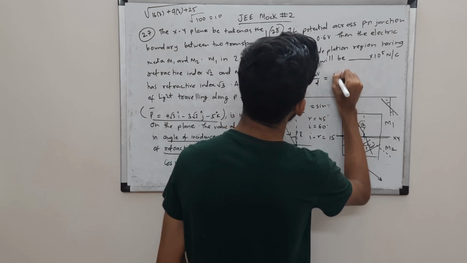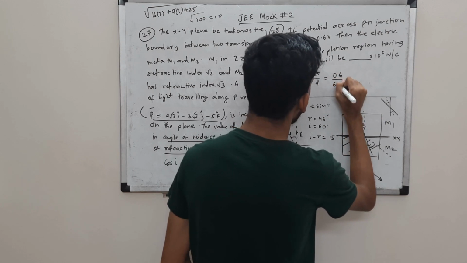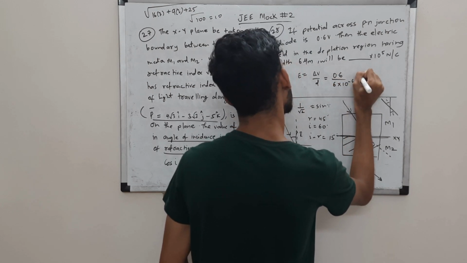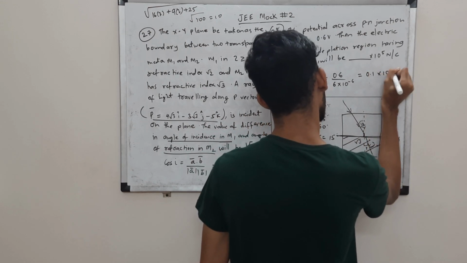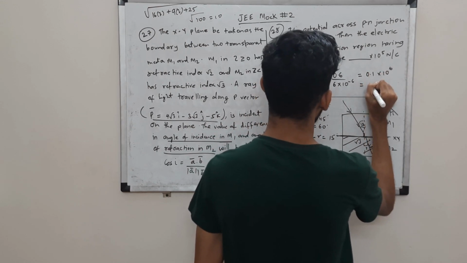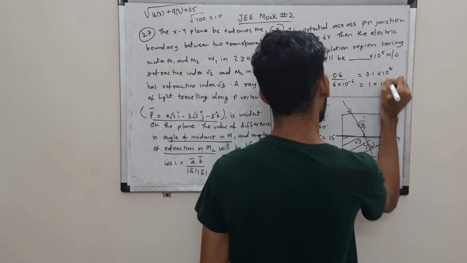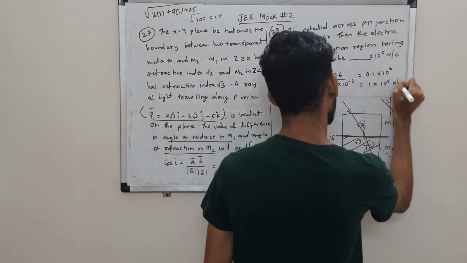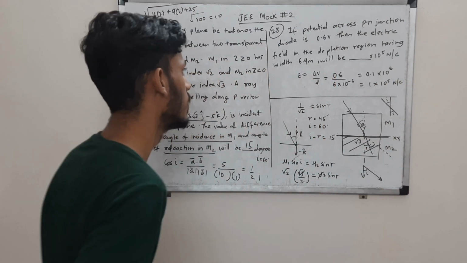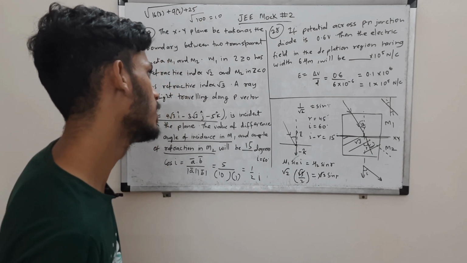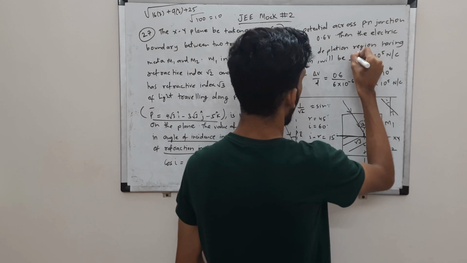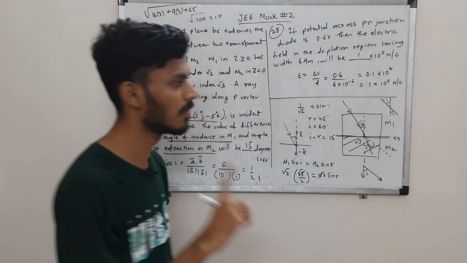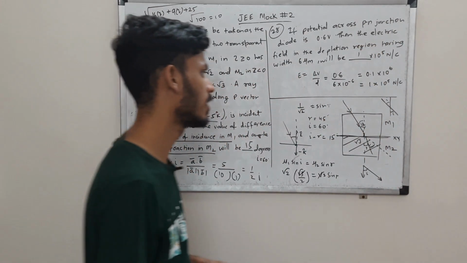Delta V is 0.6 volts, divided by 6 into 10 to the power minus 6. So this is 0.1 into 10 to the power 6, which I can write as 1 into 10 to the power 5. These are standard units, Newton per coulomb. So the correct integer will be 1.